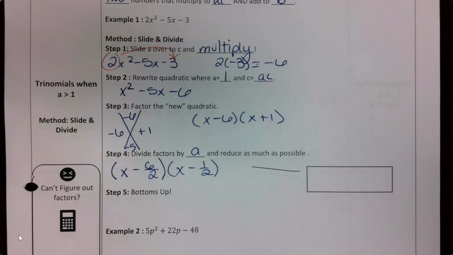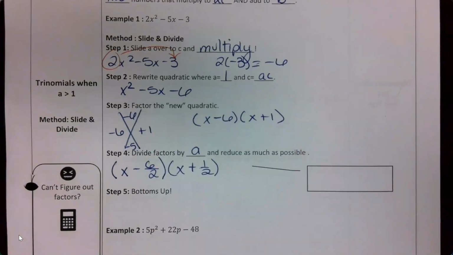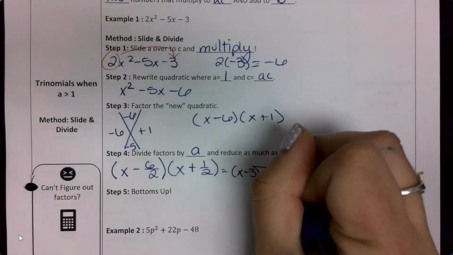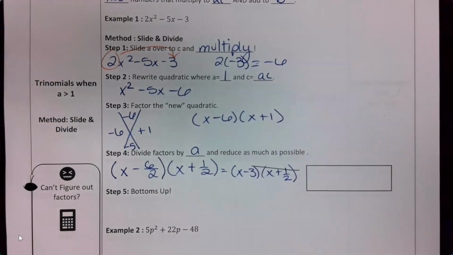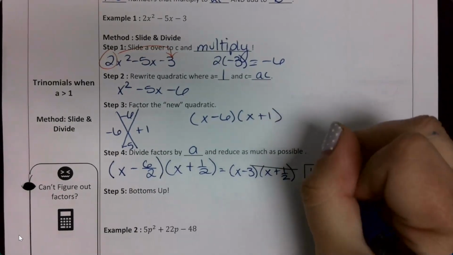Sorry, I made a mistake, it should be plus 1 over 2. If I simplify this, that's going to turn into x minus 3 and x plus 1 half. So in other words, we must divide by what we slide by.